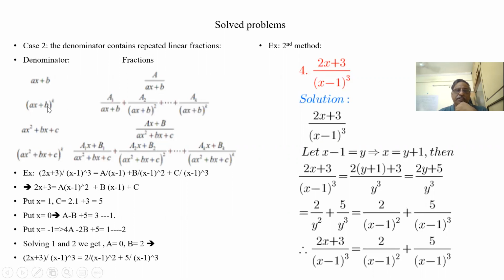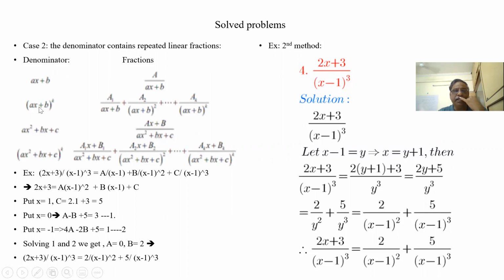Then I will get the exact differentiation of this. Similarly, if the denominator is ax square plus bx plus c, then I have to put ax plus b over ax square plus bx plus c. So remember this: if it is a quadratic, in the numerator I should get a linear function.